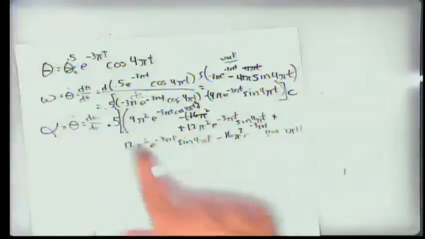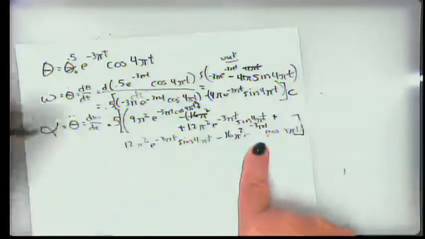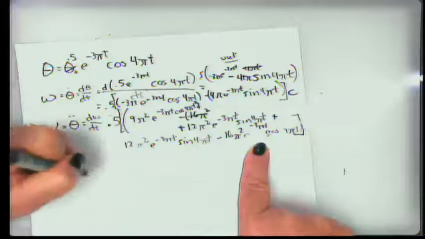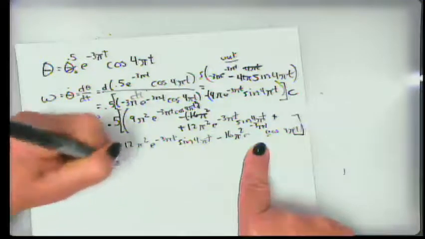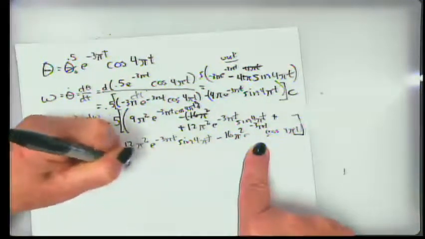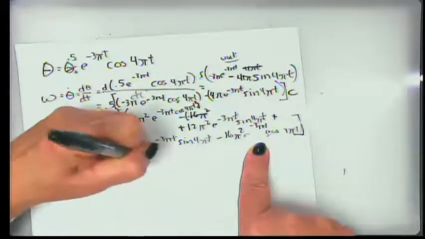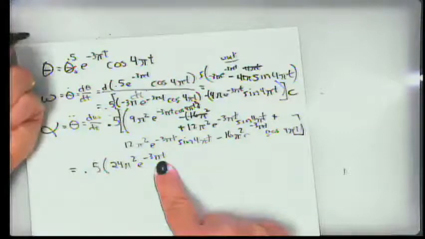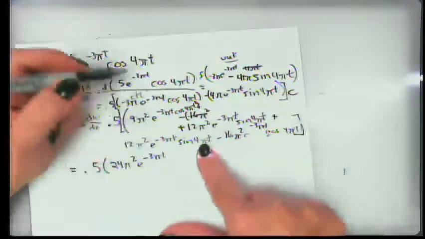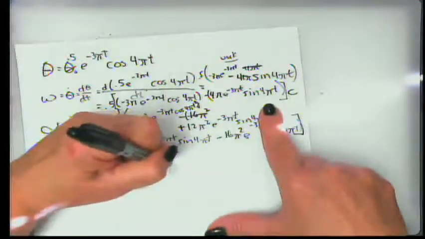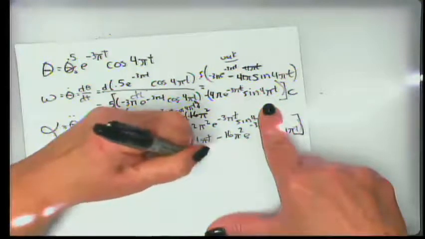All right. So mercifully, some of these will come together. We can combine like terms, and alpha actually simplifies to 0.5 times 24 pi squared e to the minus 3 pi t times the sine of 4 pi t.